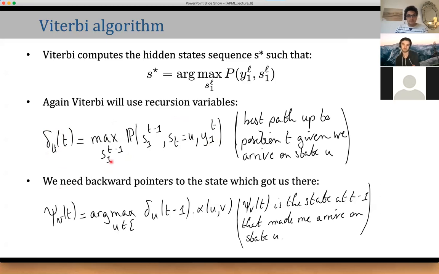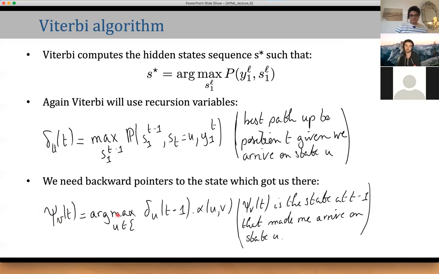To be able to use this kind of path we made sequentially, we need to keep backward pointers for each of the states, so we need backward pointers to the state which got us to this max. That's the explanation for those values phi.